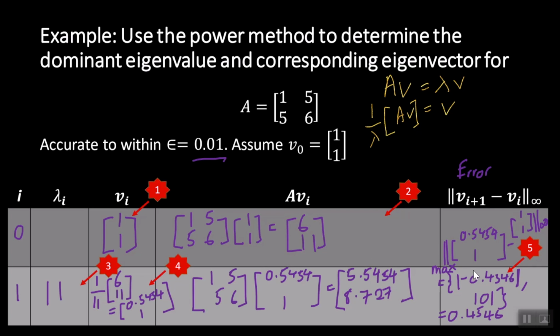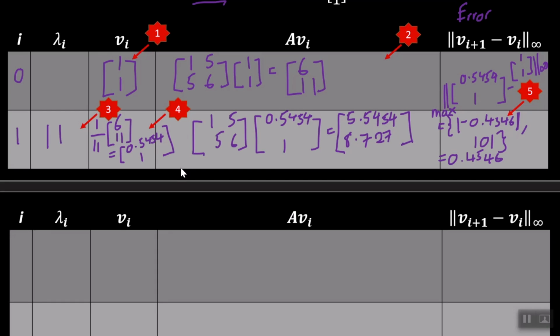Now we will be continuing the iteration until the value of the error is less than 0.01.